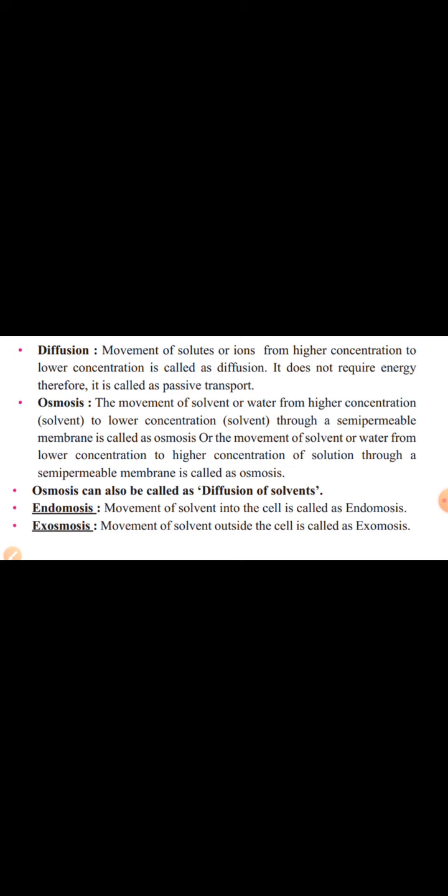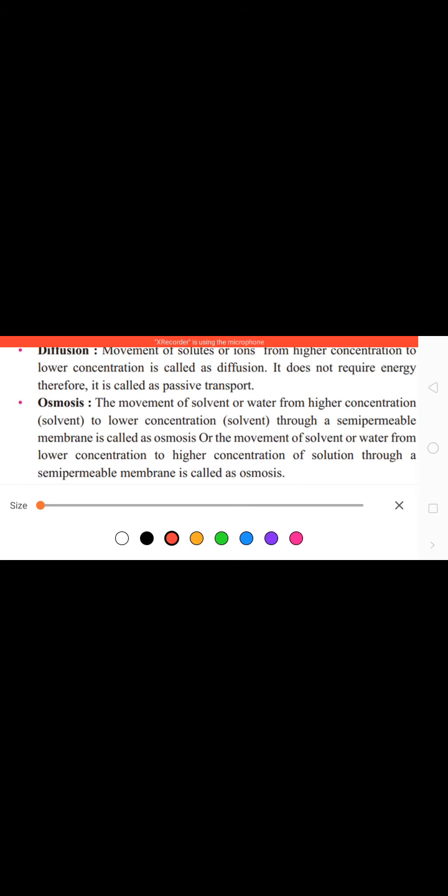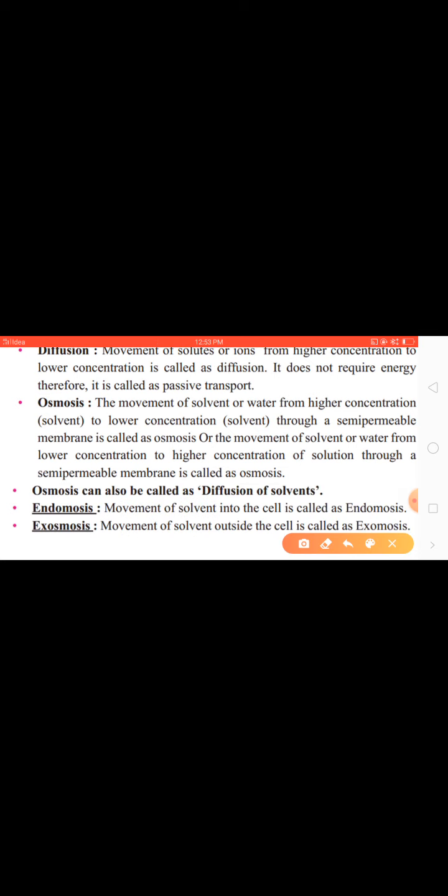There should be a concentration difference. And what is that concentration difference? Here we see the concentration of the molecules or the solute should be from higher to lower concentration. Suppose inside the cell the carbon dioxide concentration is 50 and outside the cell it is 10%.